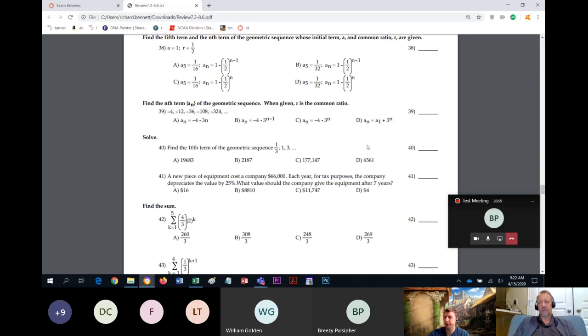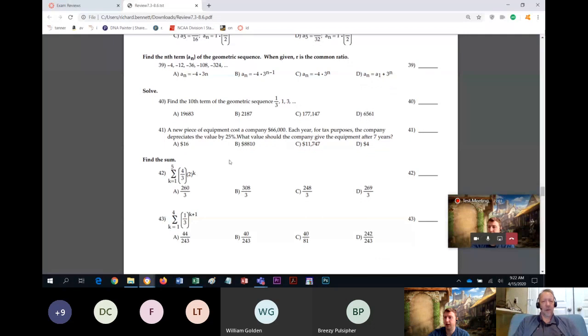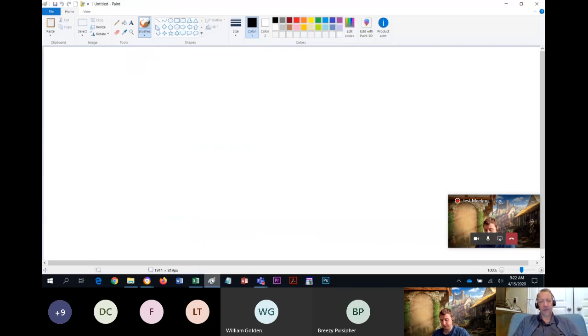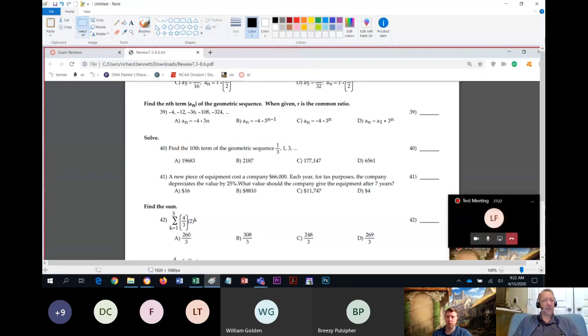Can we do number 42? 42. I'm still very, very lost with how to work with sums. Okay, so I wonder, I can't copy that. Let me try. Because I always like to do it in Excel. 42, find the sum.